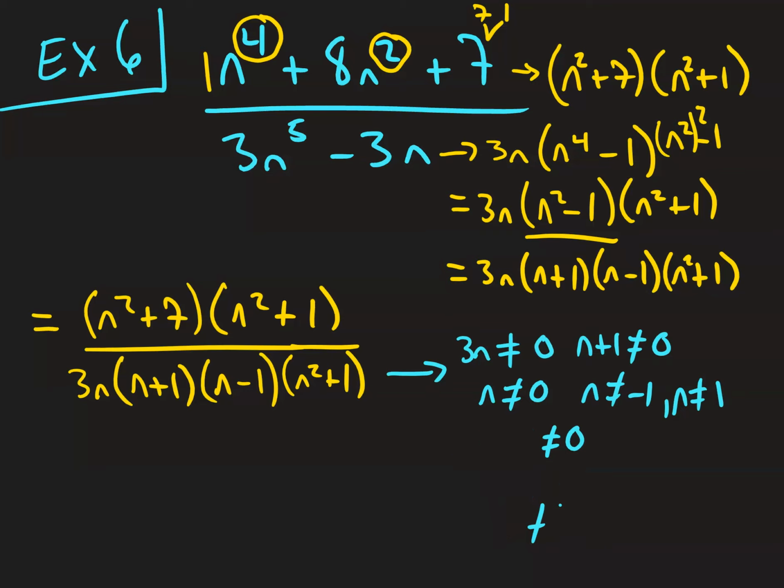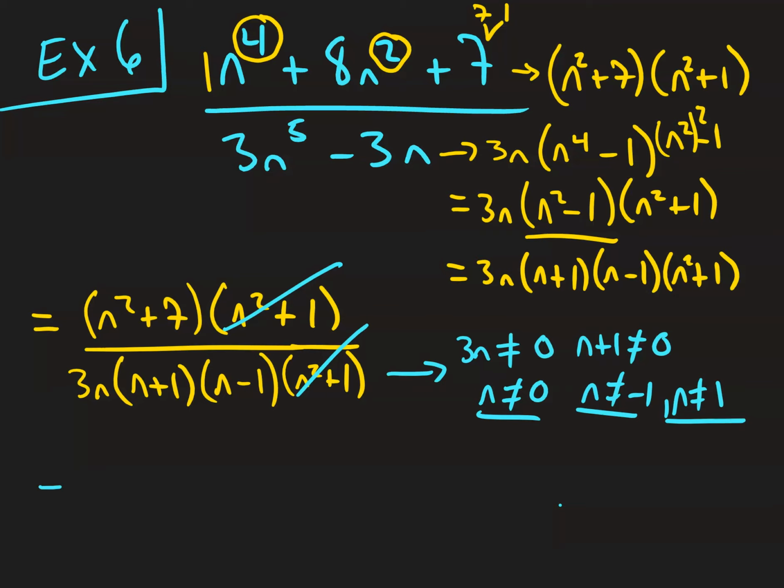So here we have our excluded values. n does not equal 0, n is not equal to 1, n is not equal to negative 1. Now let's go ahead and simplify our expression. So n squared plus 1 cancels out n squared plus 1.